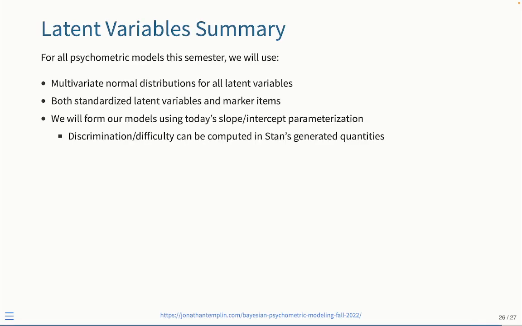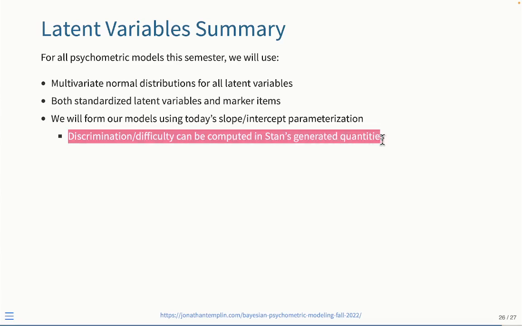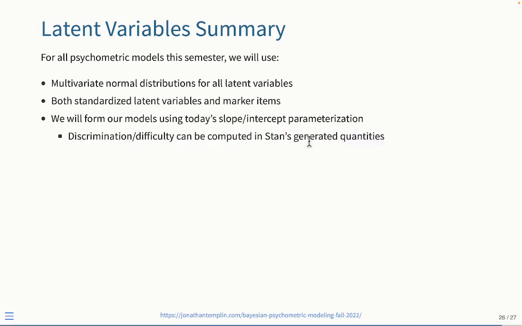So to summarize this lecture, for all psychometric models this semester, we're going to use multivariate normal distributions for latent variables. We will see both standardized latent variables and marker items, and we will form our models using our slope-intercept parameterization. Now, I will note that in some of those models that we get into, particularly item response models, we can then change our parameters into discrimination and difficulty parameters using Stan's generated quantities.